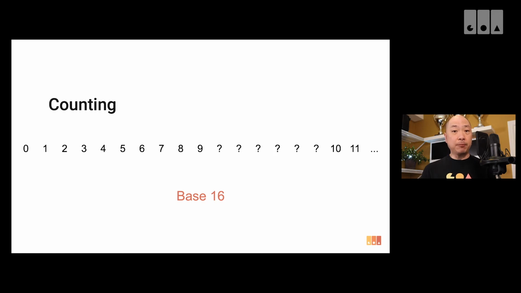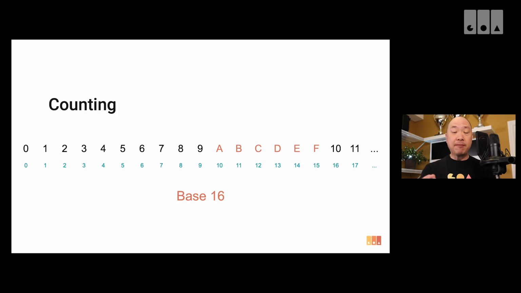Now, we don't have those symbols in our numerical representation. So what mathematicians and computer scientists do is they represent that with the letters A, B, C, D, E, and F. So from 0 to 9, those digits represent the numbers 0 to 0, 1 to 1, all the way to 9. The digit 9 represents the number 9.